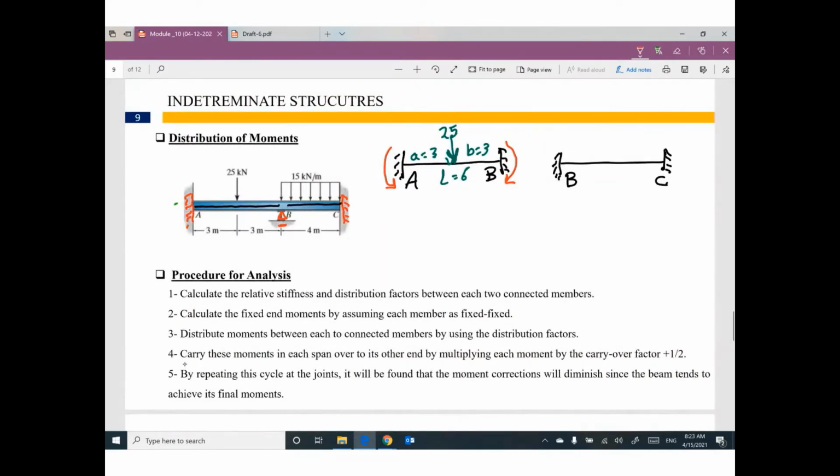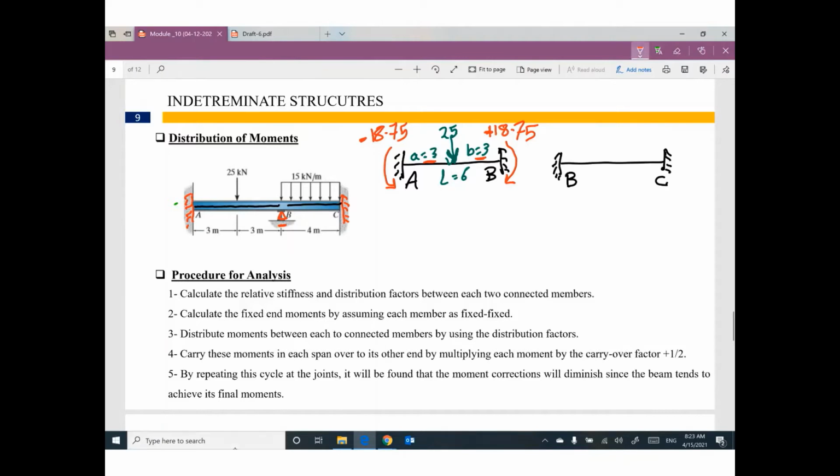This moment will be 18.75 positive, and this moment will be 18.75 negative. You are lucky. Both of them are equal because this distance equals this one. It's a special case.